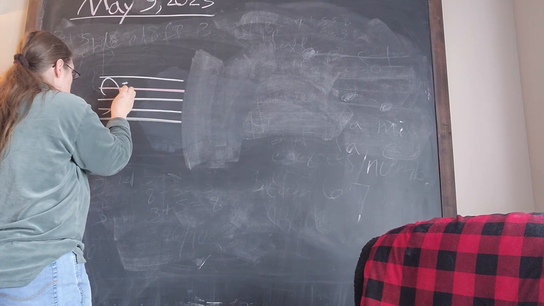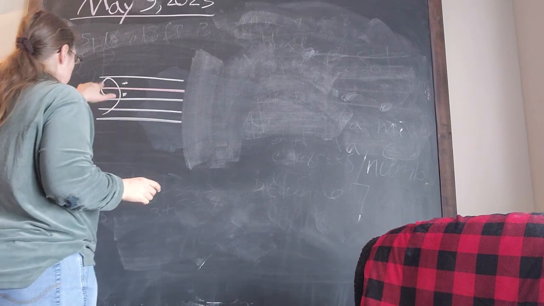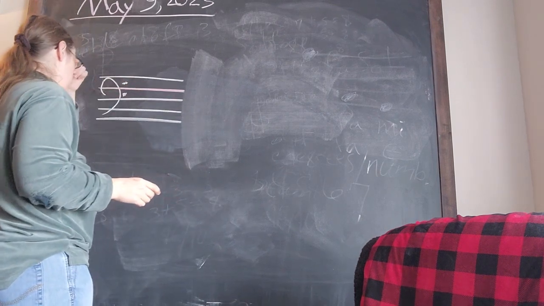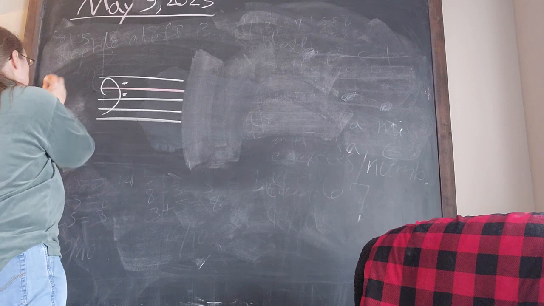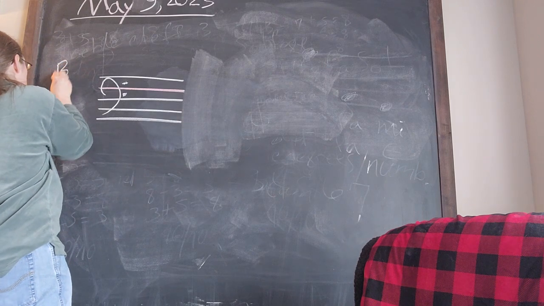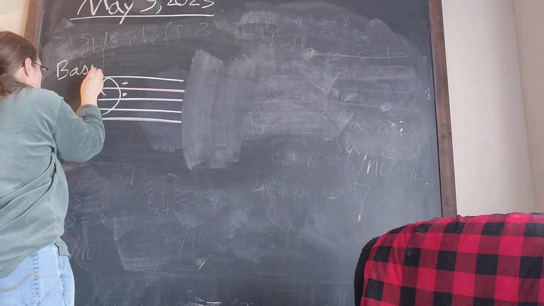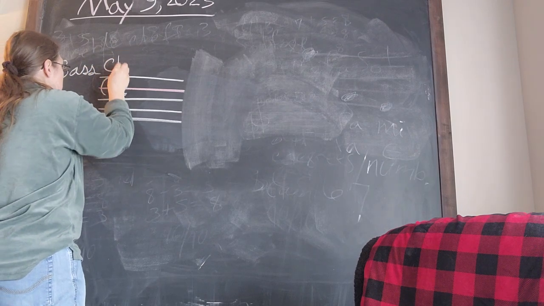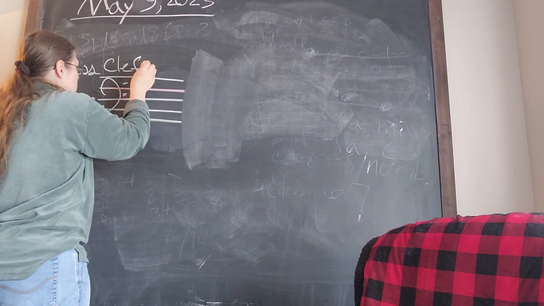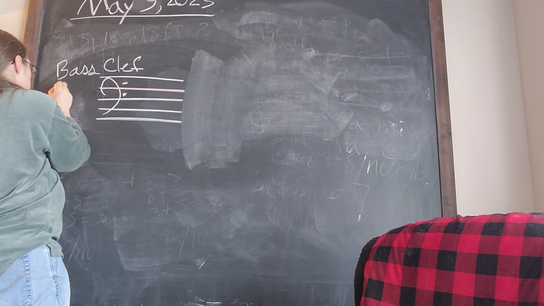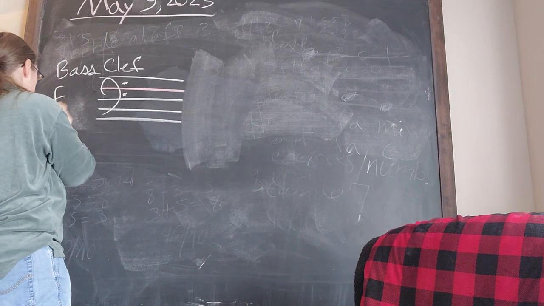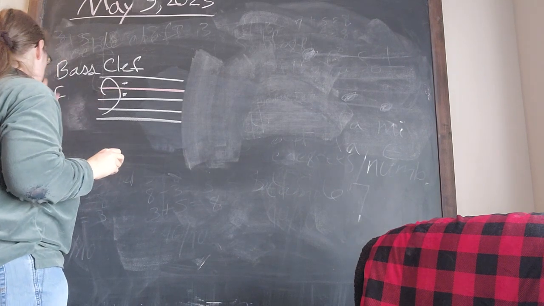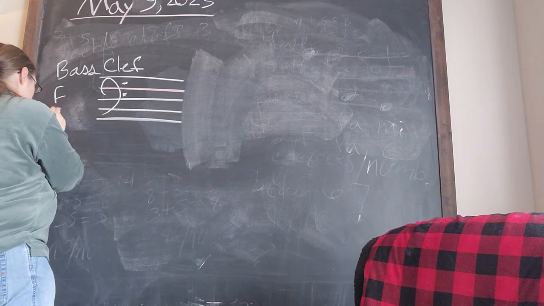And where these 2 points are, they denote the pitch fa. This is the bass clef, or the F clef, or the fa clef.